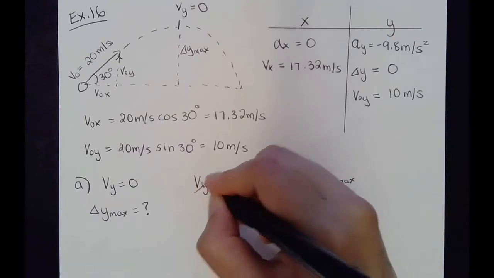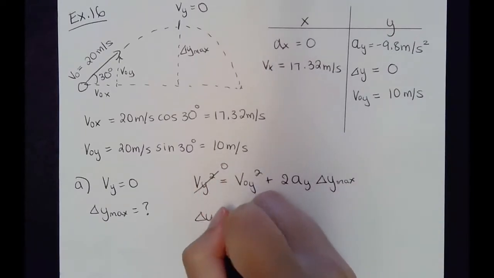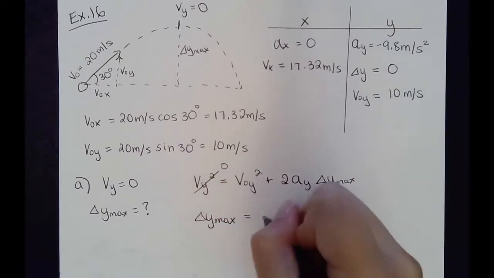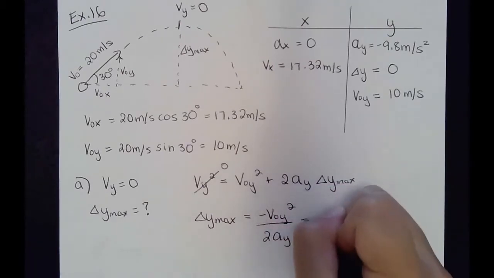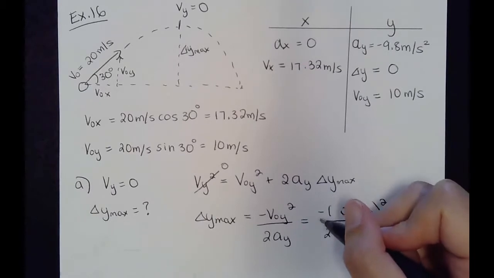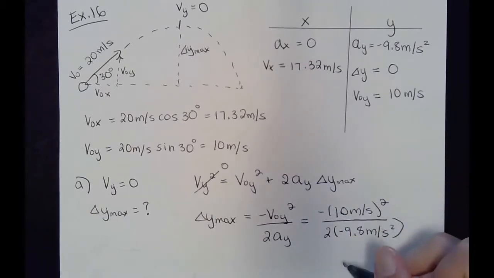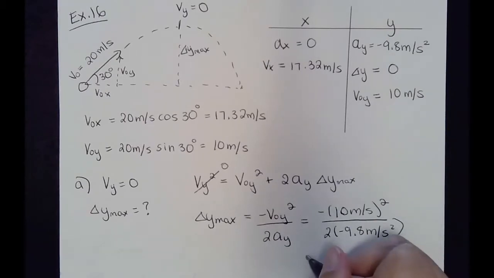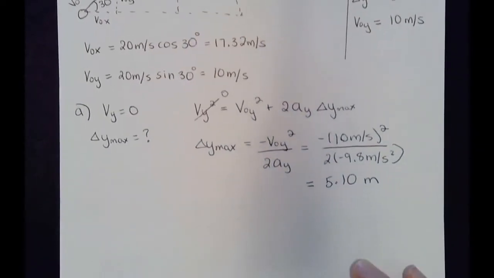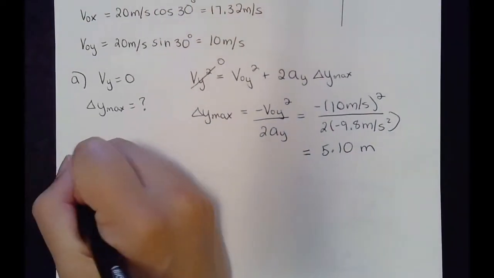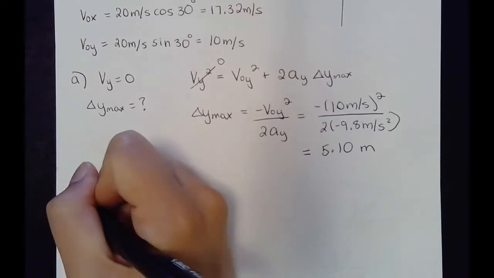So Vy final is 0. We get delta y max equals negative V naught y squared over 2ay. Okay, so that's negative 10 meters per second squared over 2 times negative 9.8 meters per second squared, which equals 5.10 meters.